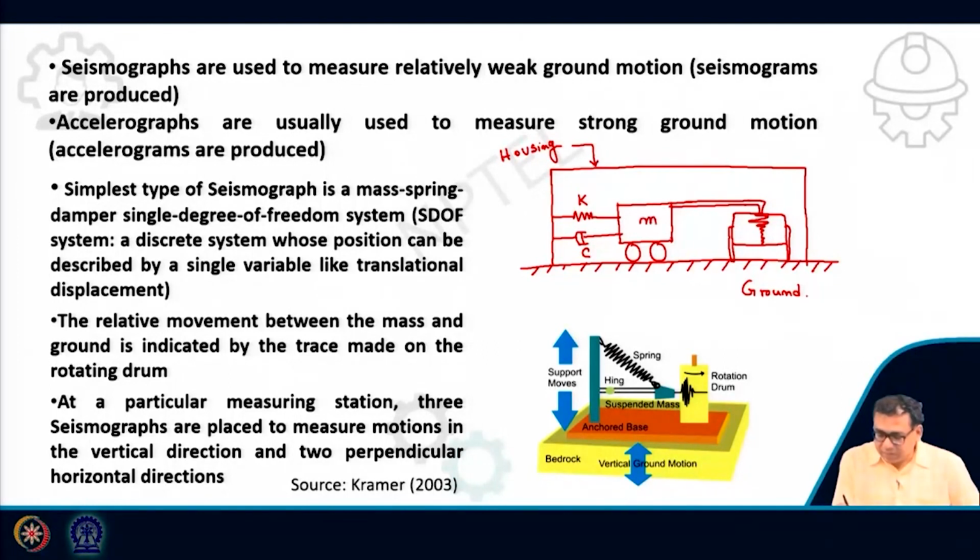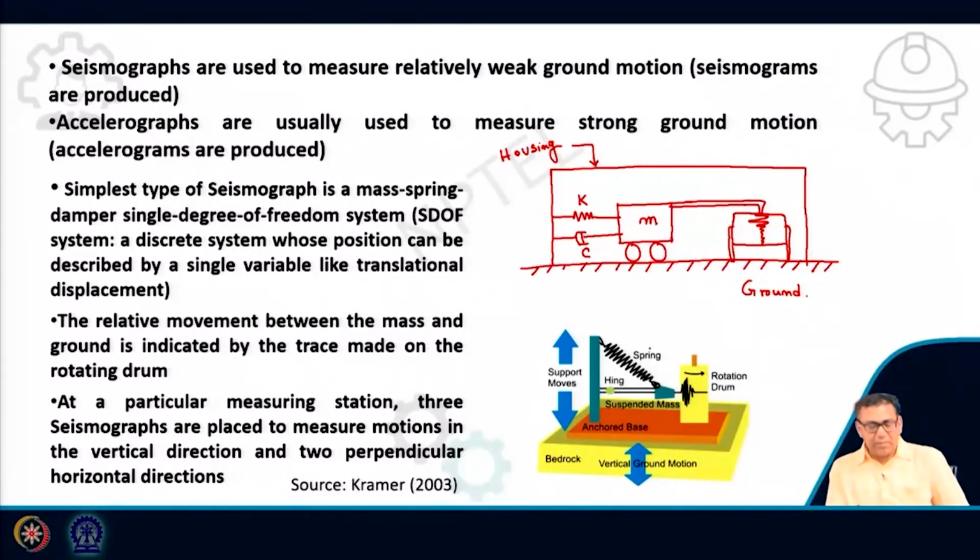This is a constant mass. It is moving, and this trace will give you the relative movement between this mass and the ground. This is the vertical one, this is the horizontal one. Here also this is a mass spring dashpot or damper system.